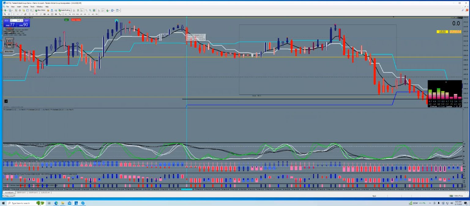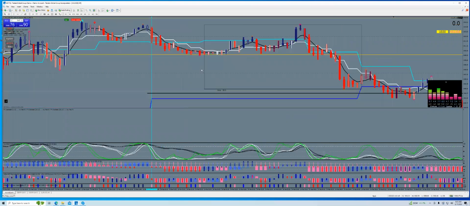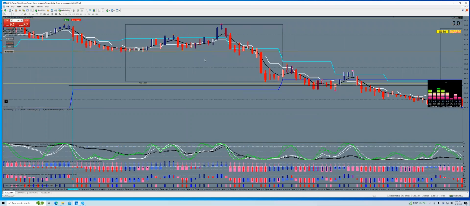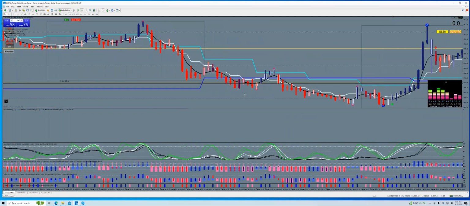And here you go. There's a possible trade here, while the 1 hour is pulling back. Here's a possible trade here, here, here. You have trades here, here.